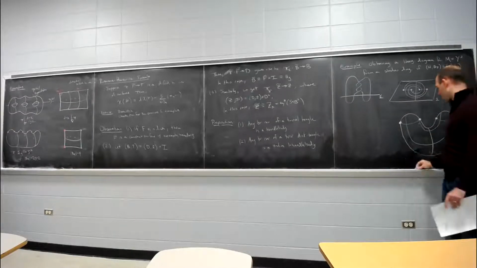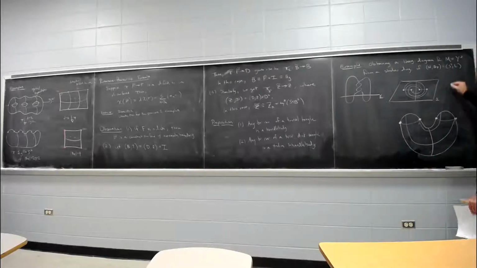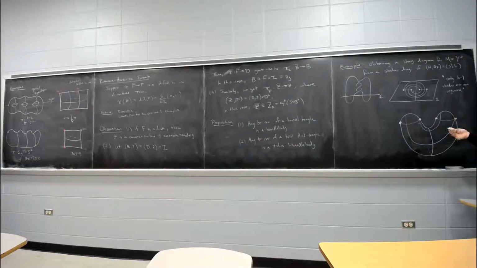And this is a general fact, which is that, I don't know if I said this earlier, only b-1 shadow arcs are required to determine the bridge splitting. That last shadow arc will be determined.